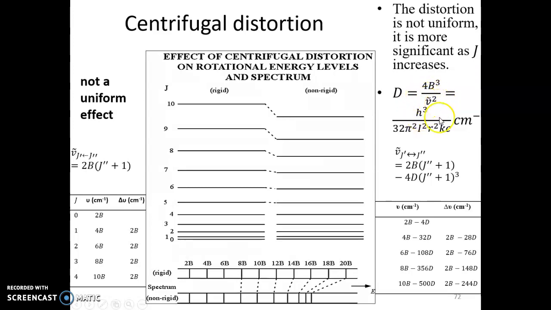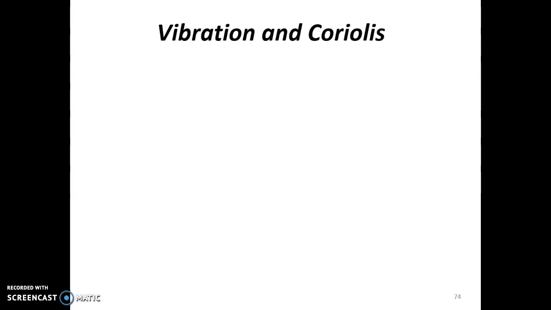It's a vibrational constant, and it has been expanded in this other formula: h cubed, h as Planck's constant, 32 pi squared I squared r squared. K is the force constant obtained from vibrational spectroscopy.